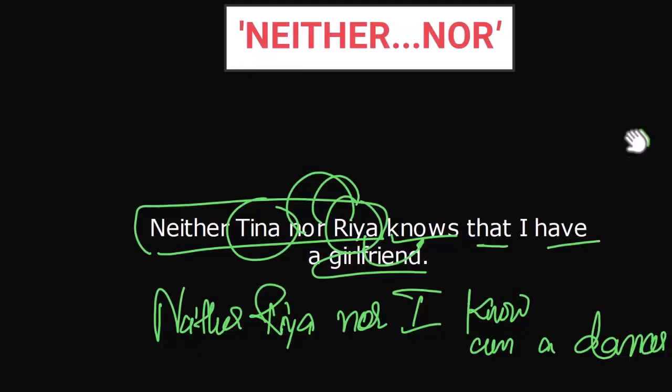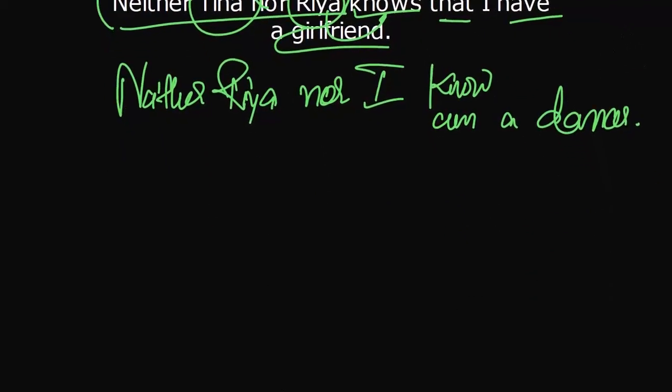All right, so this is what a compound subject is. It's a combination of two or more subjects added with a conjunction. That could be a coordinating conjunction like and, or a correlative conjunction: either or, neither nor. You can also use both and. So it is just like and.